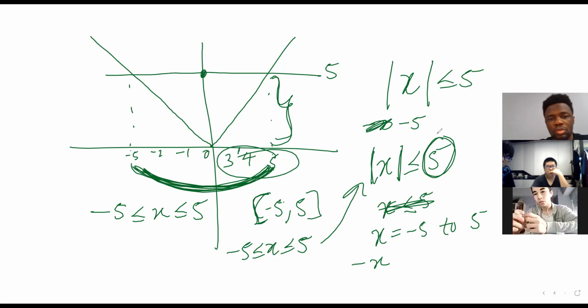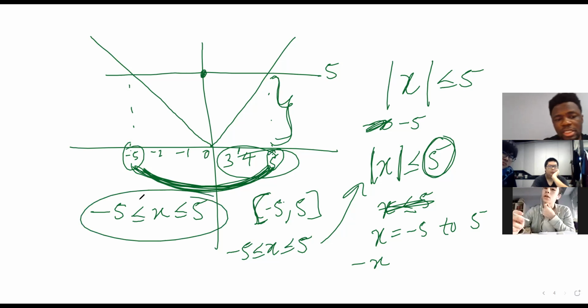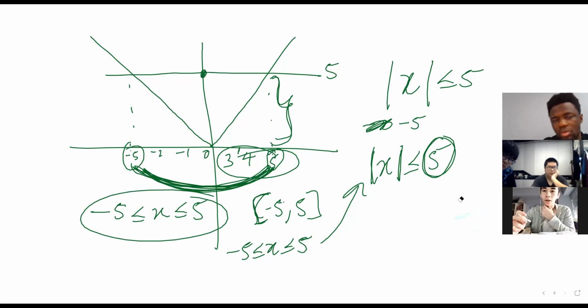Below the line, y is equal to 5, is within here and here, including the point on the line. So it's actually from -5 to 5, which is this. So you will realize that if you have absolute value of x less than or equal to 5, you're actually considering x less than or equal to 5 and then -5 less than or equal to x.